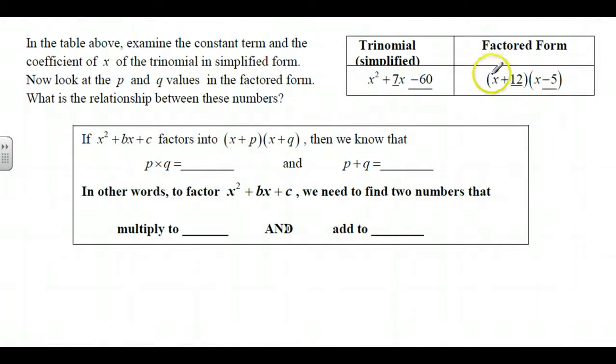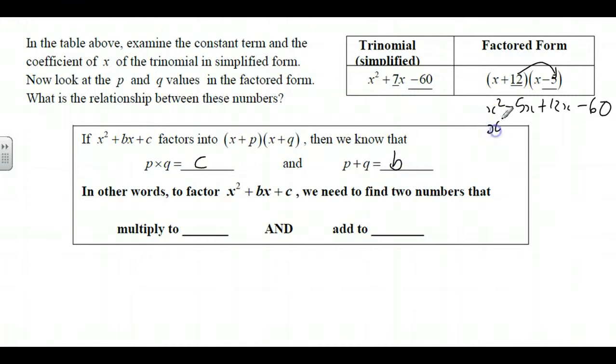Okay, so one more time. If we multiply this out, x squared minus 5x plus 12x minus 60. We can see that p times q is equal to c, the constant term. And p plus q, in this case positive 12 plus negative 5, gives you the b value.